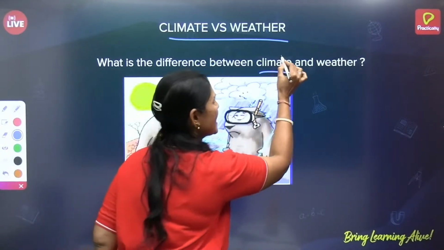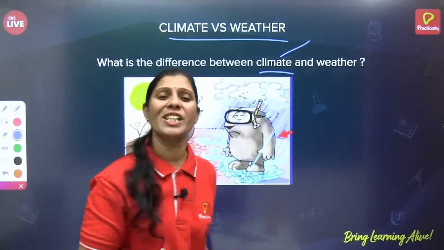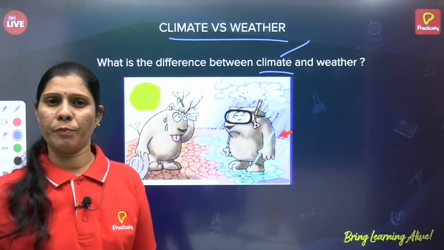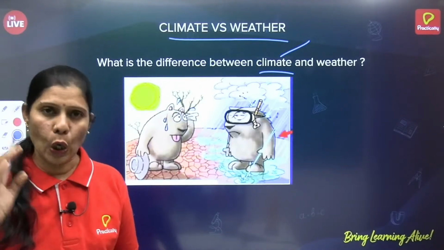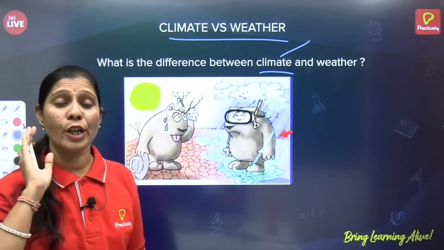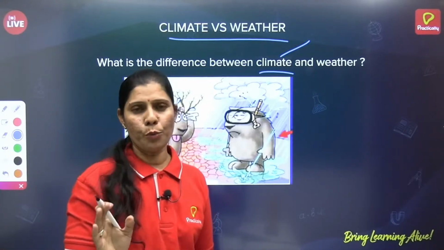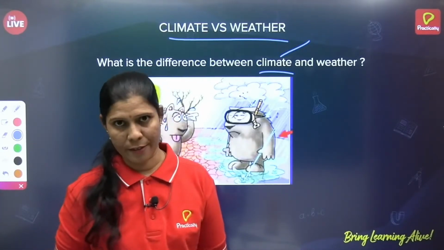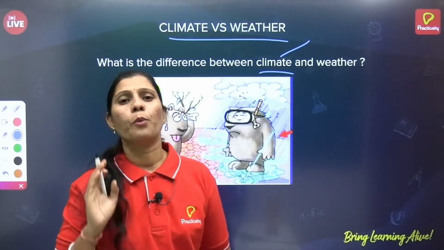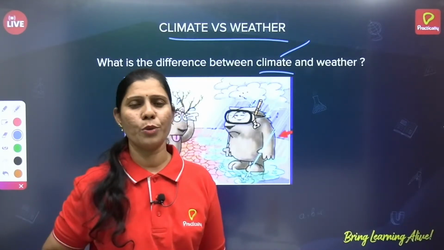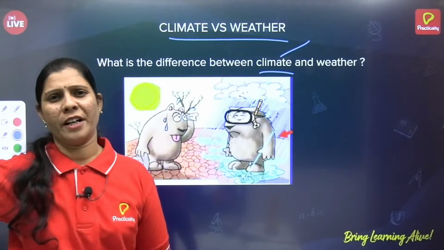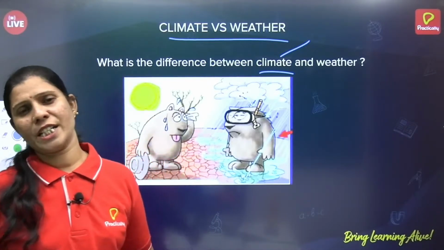Climate is of a place which exists for a long period of time. How? Suppose you take Hyderabad. In Hyderabad, what is the climate? If anyone asks you, what do you say? Your answer will be that Hyderabad climate is hot and humid.